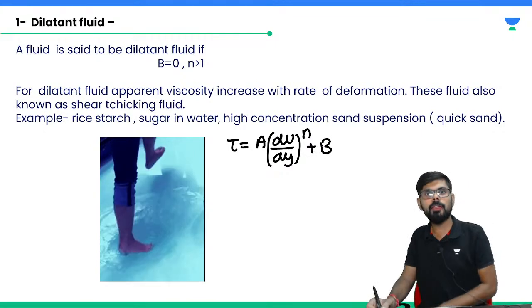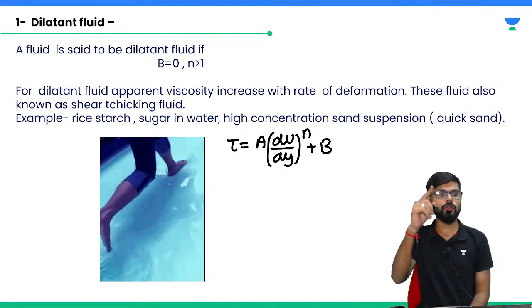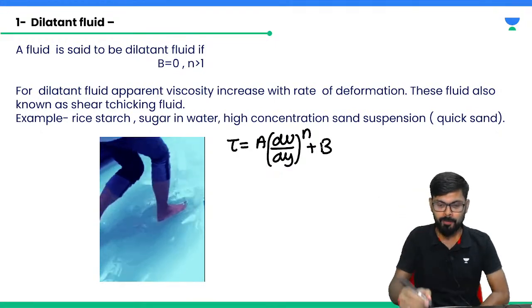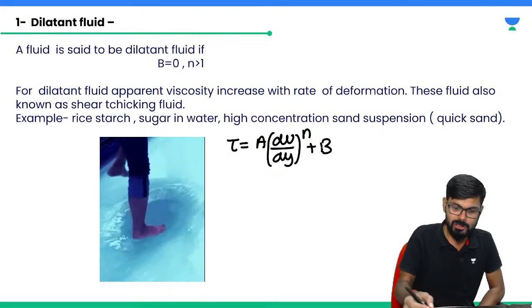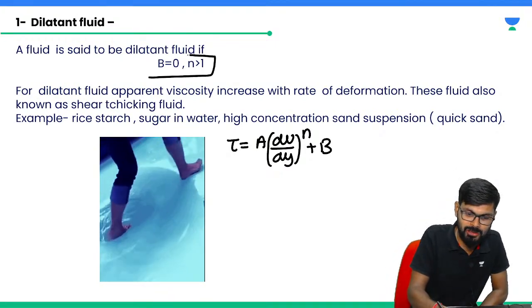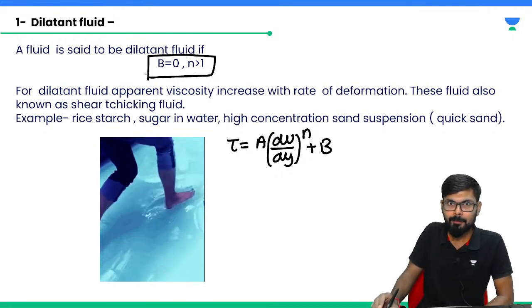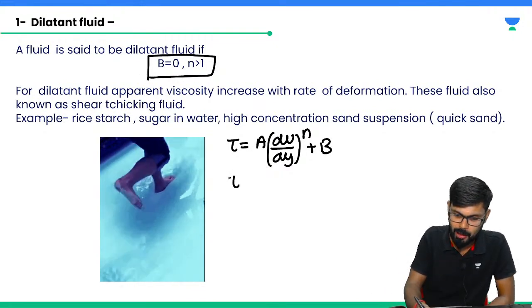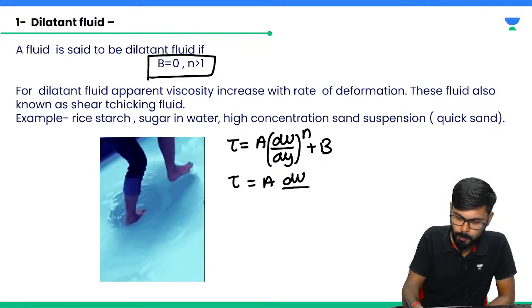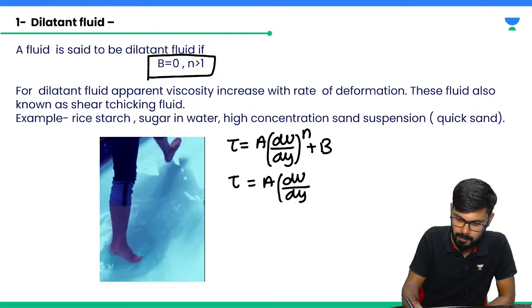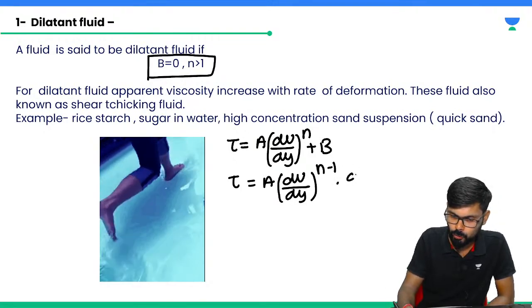Please listen carefully. In case of dilatant fluid, B value is 0 and n is greater than 1. So I can write tau is equal to A du by dy to the power n minus 1 into du by dy.